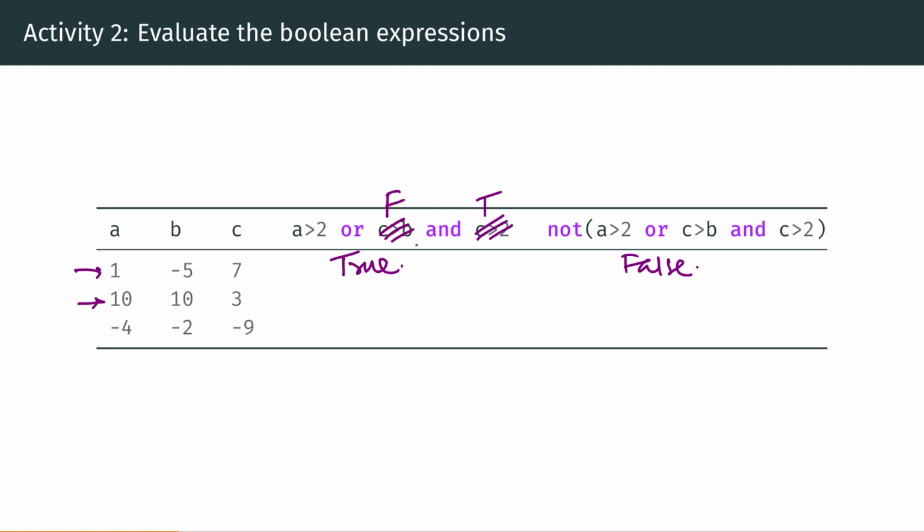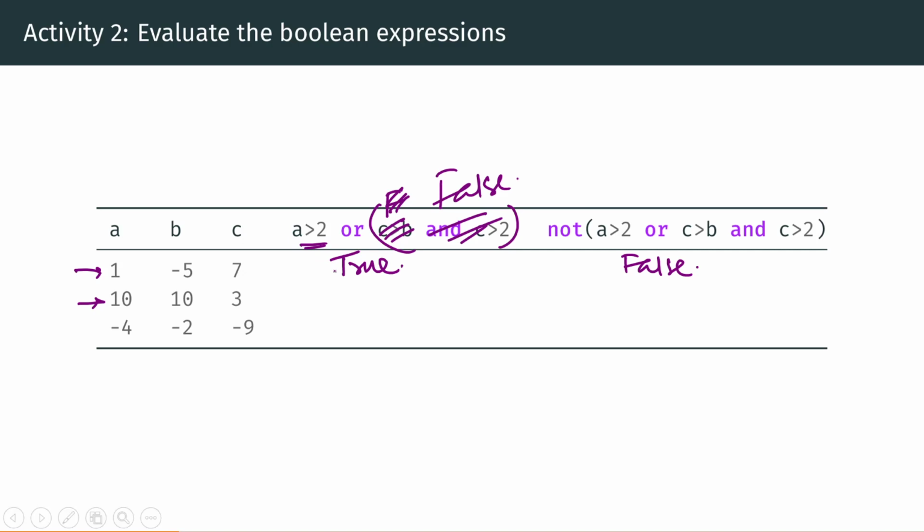We didn't even need to check that, because the way and works is if one of them is false, and will give you false regardless of the other one. So this entire thing would be false. You don't even need to check the second one. The entire result now depends upon this comparison. If this is true, the final result would be true.